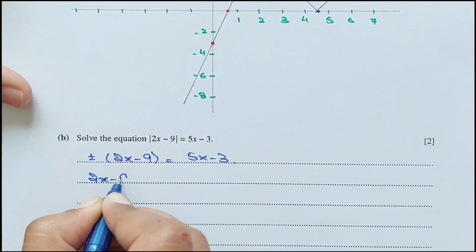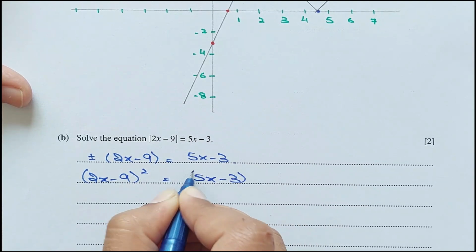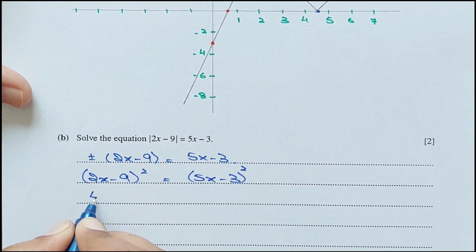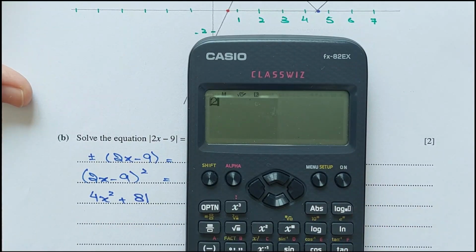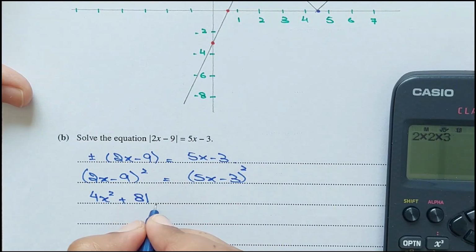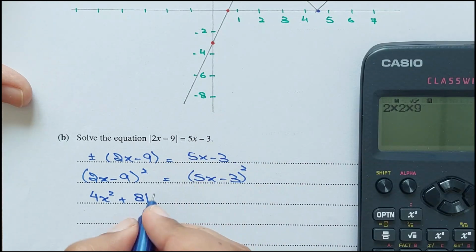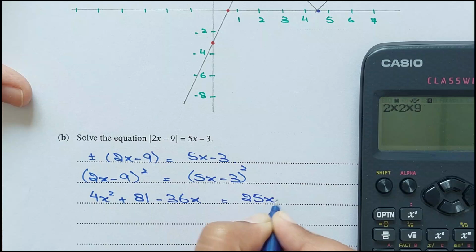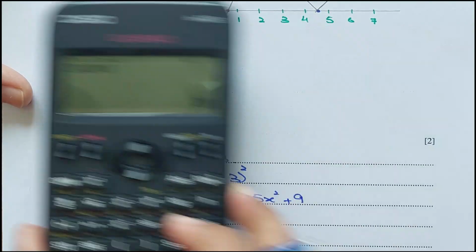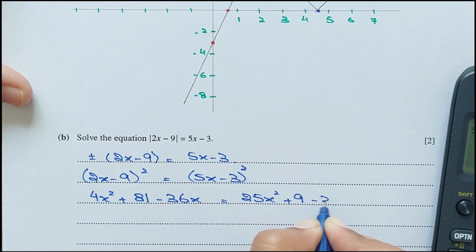So 2x minus 9 whole square, 5x minus 3 whole square. 2 square is 4x square, 9 square is 81, and 2ab: 2 times 2 times 9 is 36, minus 36x. On the right, 25x square plus 9, and 5 times 3 times 2 is 30, minus 30x.